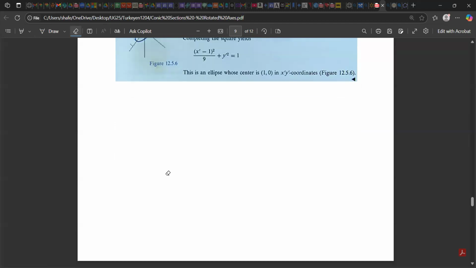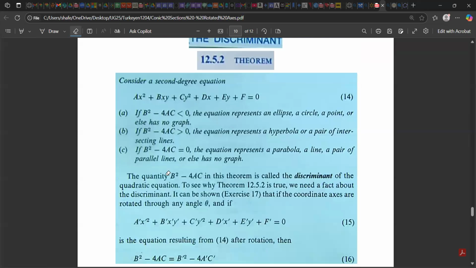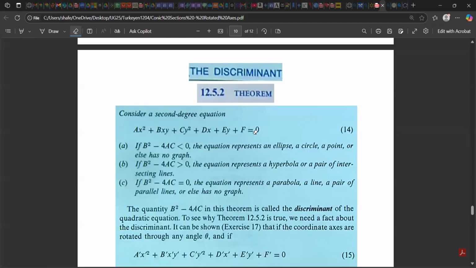Good. So let's look a little bit at the discriminant for a conic section. Just like how you have a discriminant for quadratics, this is just taking it a little further, right? So you have the general form of a conic section.